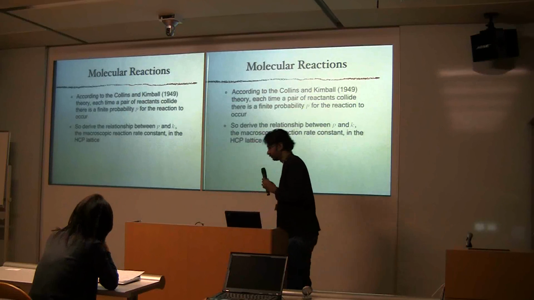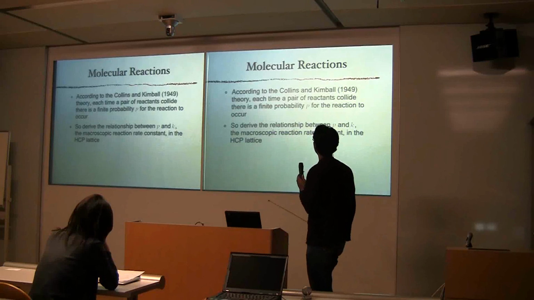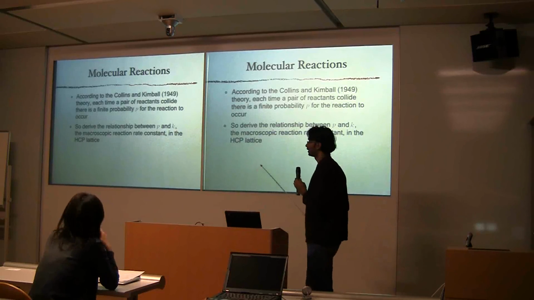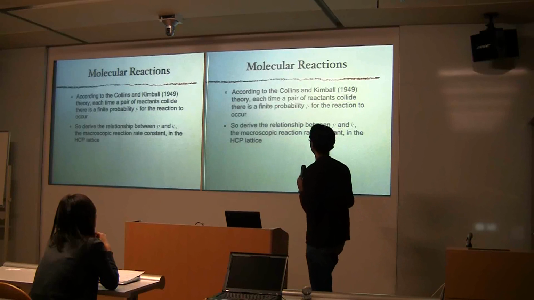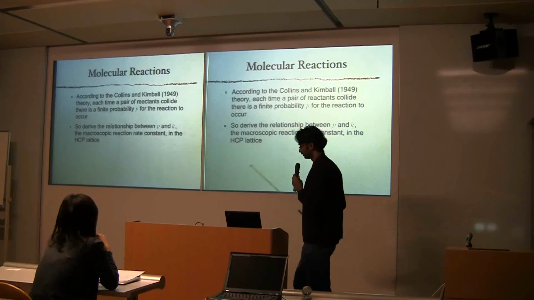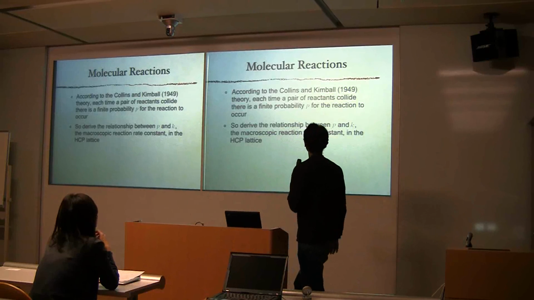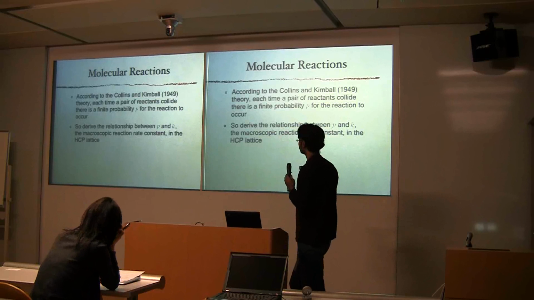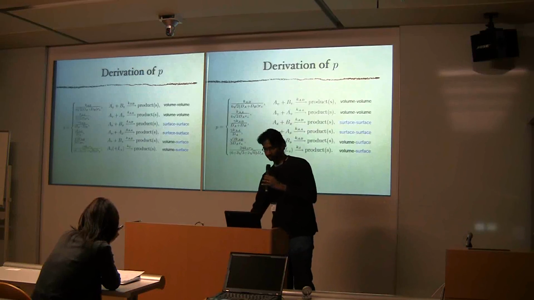Now for the reactions, according to the Collins and Kimball theory, each time a pair of reactants collide, there is a finite probability P for the reaction to occur. So we need to derive the relationship between P and k, which is the intrinsic reaction rate constant in the HCP lattice. Because we know the intrinsic reaction rate, we need to make sure the probability and intrinsic reaction rate have a valid relationship.